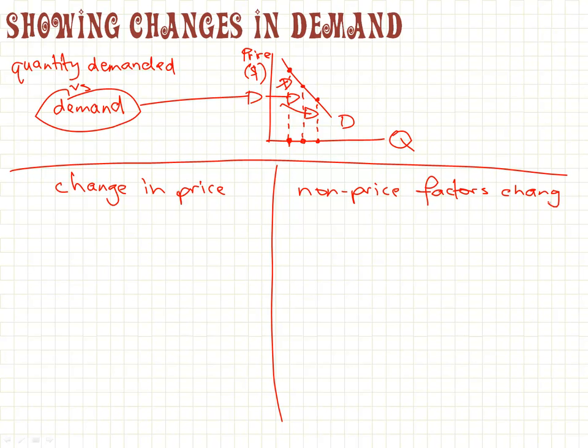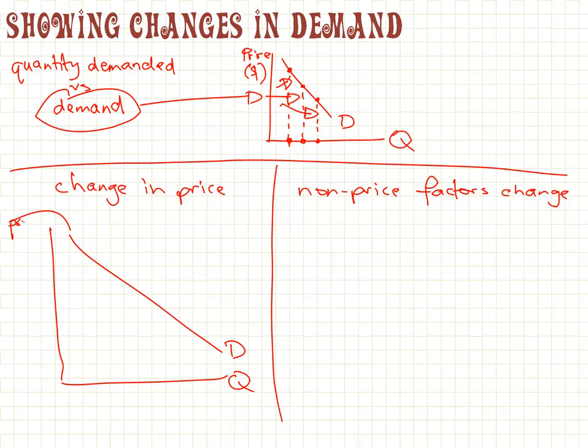And there's a big difference as to how we show that, because if we get a demand curve along here, and we have our demand and our quantity and our price, and let's say we start here, we'll call that price 1, and we draw a dotted line across and then a straight line down, and we're going to call that Q1. So the current price is this price here, P1, and that's how much is demanded. That's the quantity demanded, Q1.